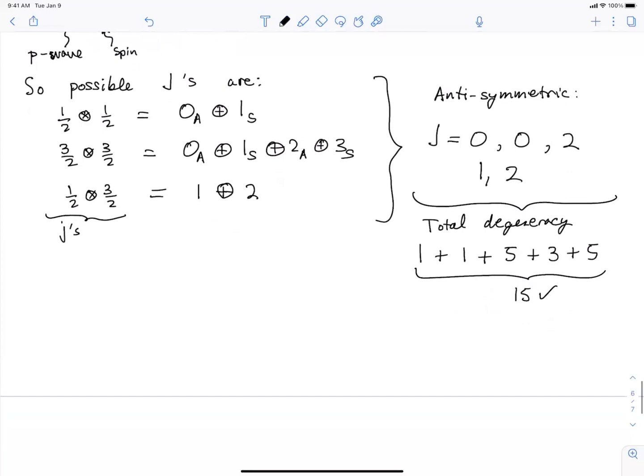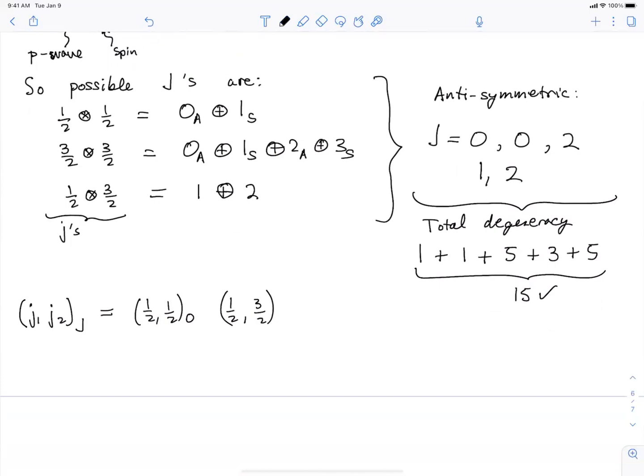Okay, and you can write out what they are now in jj coupling term notation. Let's write it like this: (j1, j2) subscript J can be (1/2, 1/2)₀, (1/2, 3/2)₁.